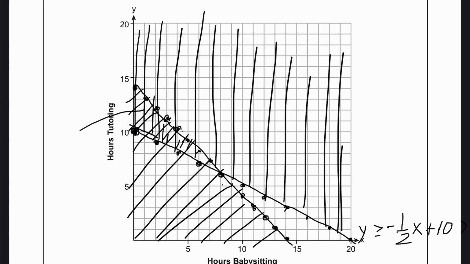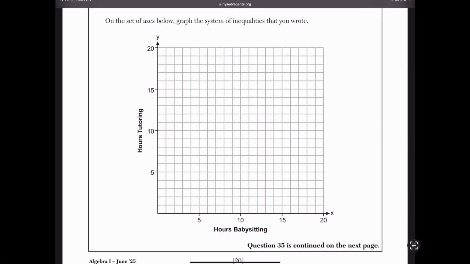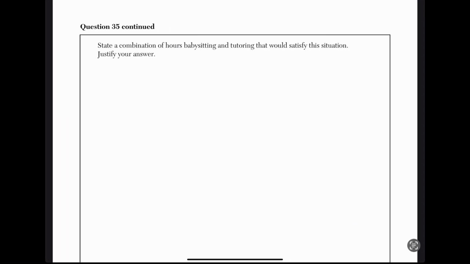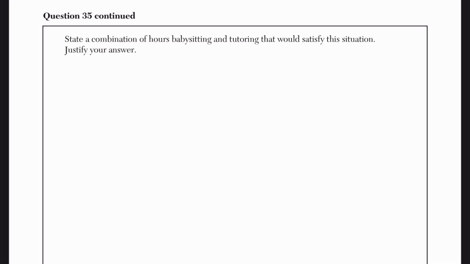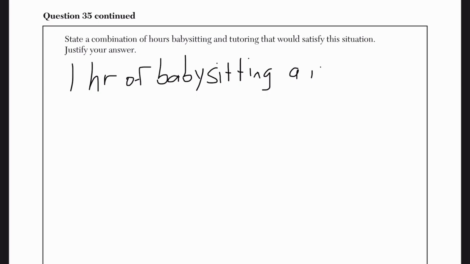Maybe I'll pick this one right here, which is 1 hour of babysitting and 12 hours of tutoring. Nice full sentences on the Regents.